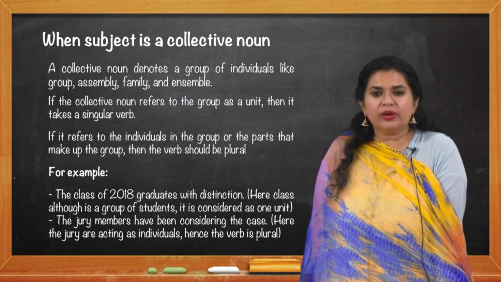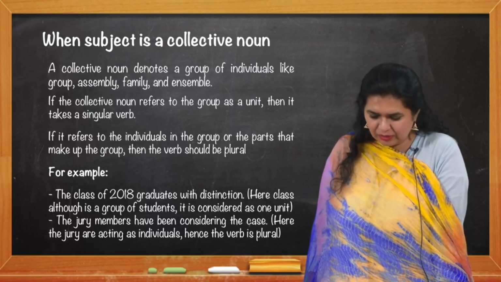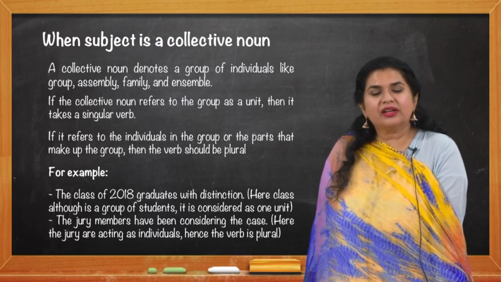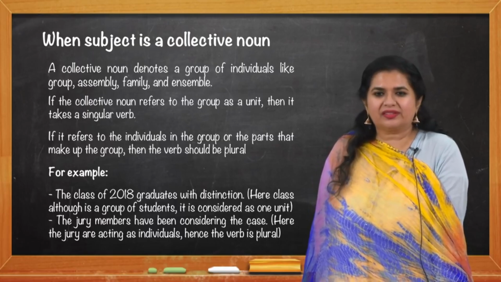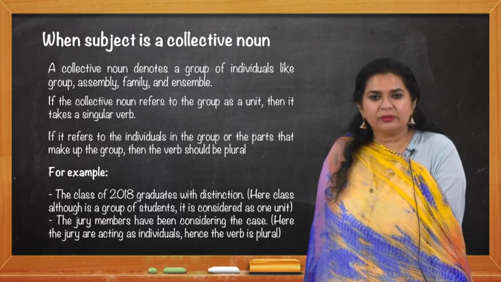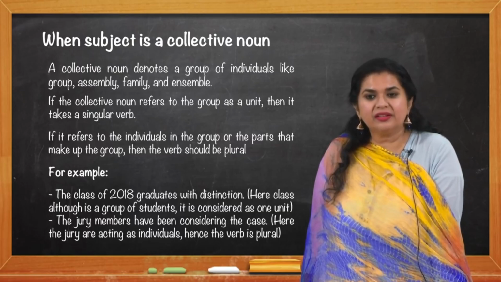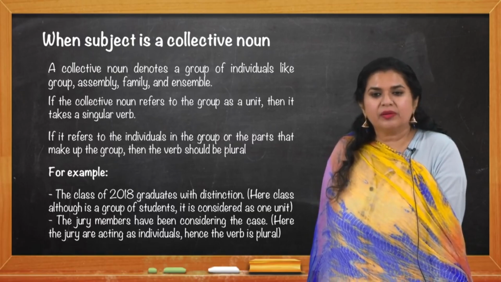The class of 2018 graduates with distinction. Here class, although a group of students, is considered as one unit. So, the class of 2018 graduates. The class is a group, but we are using a singular verb. The jury members have been considering the case. Here the jury are acting as individuals, hence the verb is plural.